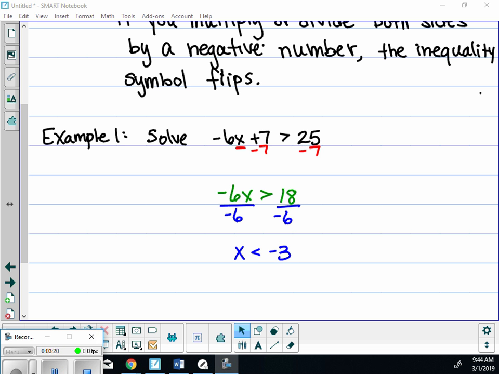Because if you put in 0, you would get 7 is greater than 25, which is false. If we put in negative 4, we would get negative 6 times negative 4 would be 24. 24 plus 7 would be 31, which would be greater than 25. So that's what we're solving.